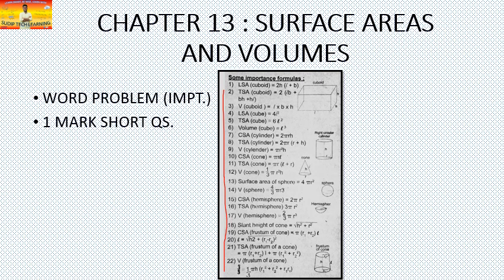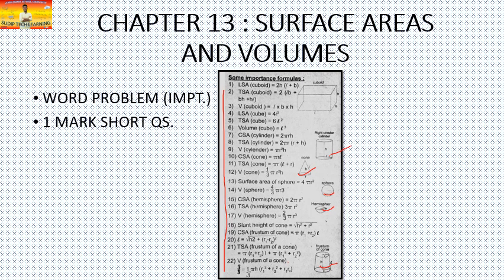I don't say that you have to learn all of this, but I also don't say that you don't have to learn. Cuboid and cube are simple, but cylinder is important, cone is important, sphere is important, hemisphere is important.